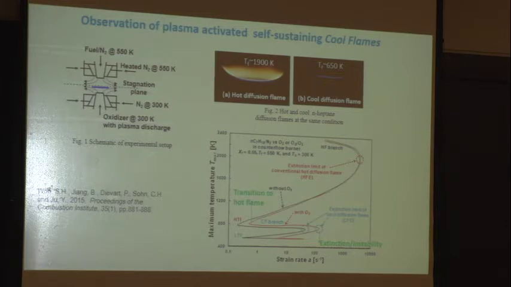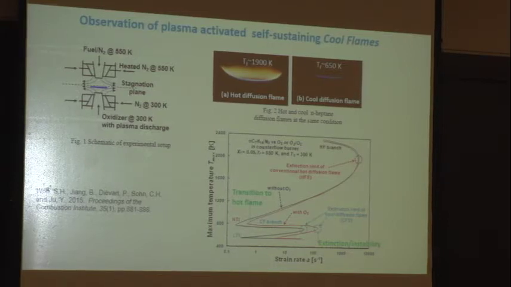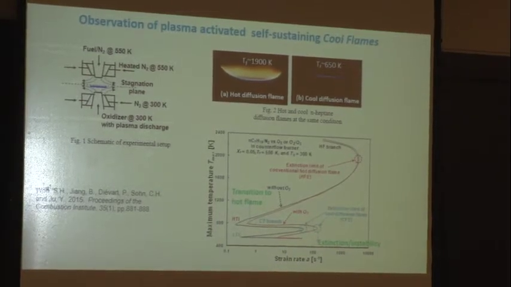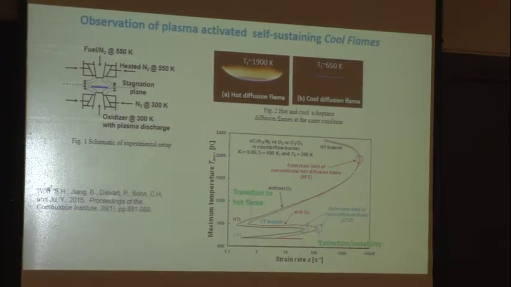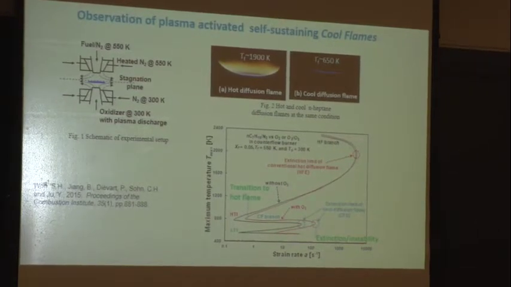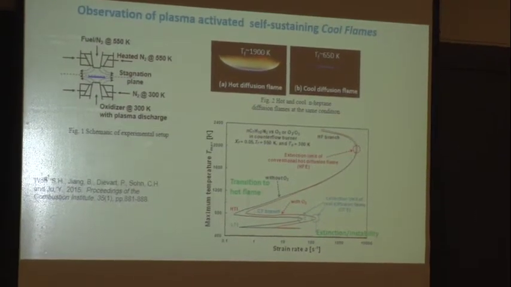So with the same boundary condition, with the same strain rate, this proves that with plasma sensitization, you can shorten the cool flame chemistry time, allowing you to observe a cool flame, which you could not do without plasma. So this also concludes that plasma plays a great deal in enhancing low temperature chemistry so that you can see a cool flame in a very short residence time.